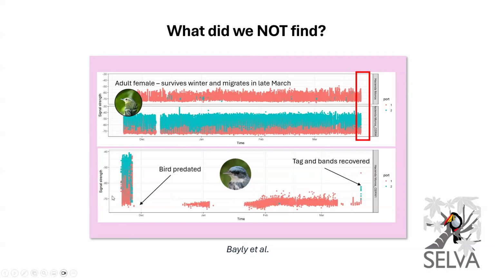At first, this male cerulean warbler was nice and active, and then that signal strength disappeared and reappeared as kind of a low level signal strength of a tag that's clearly not moving. And they were actually able to retrieve this tag and the leg bands, but not the bird. So of course this bird was predated. But this is sort of the information that I was interested in potentially finding. We did not find any evidence of mortality events, which I thought was interesting.